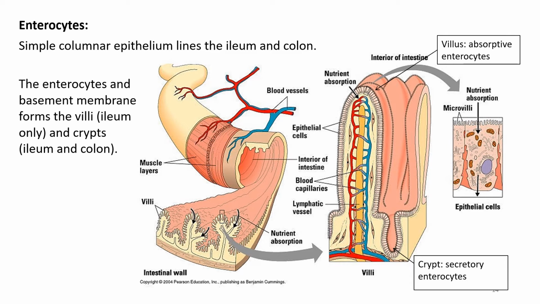So at the top of the villi, the enterocytes are more absorptive. Their role is more about absorbing whatever is in the lumen of the ileum that, of course, we've taken in, we've eaten, digested. And then they can absorb that through various transport mechanisms.